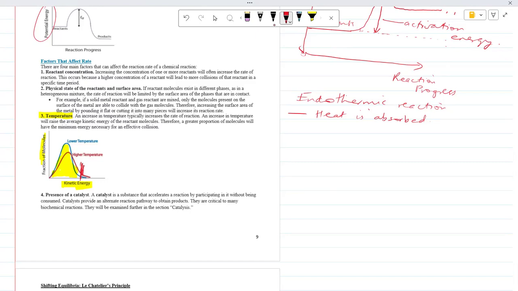All the molecules here, that's a fraction of molecules that have energy below the activation energy.